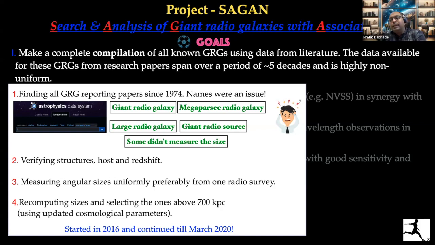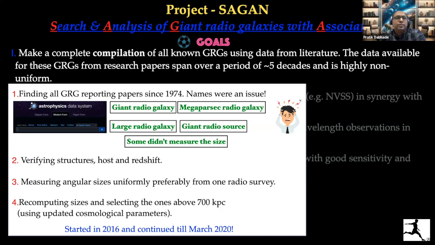Also, if you recall, in the 70s, 80s, and even 90s, the value of the Hubble constant, H naught, was not fixed, or let's say it wasn't close to what we have today. People used all sorts of H naught values from 50 to 100, which meant that the comoving distance changed, and without comoving distance we can't really measure the sizes of these giants.